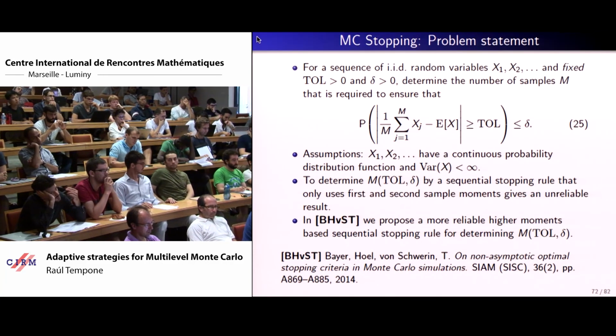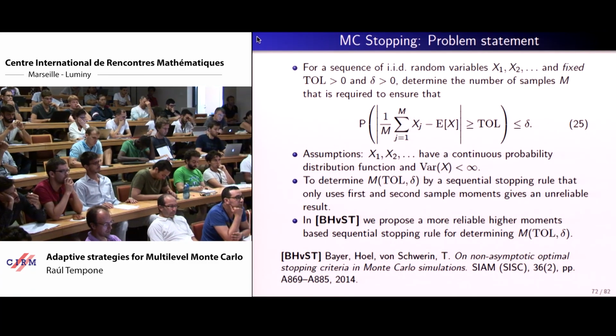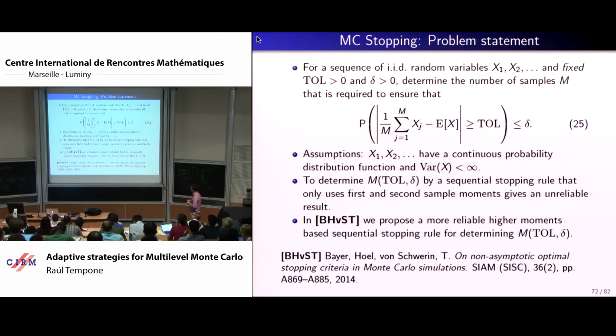What is the point here? The point is that usually you do this approximation based on the central limit theorem. That will be a rule of the following type. Essentially, you are going to prescribe toll and you are going to prescribe delta, and then a number of samples M will come out.